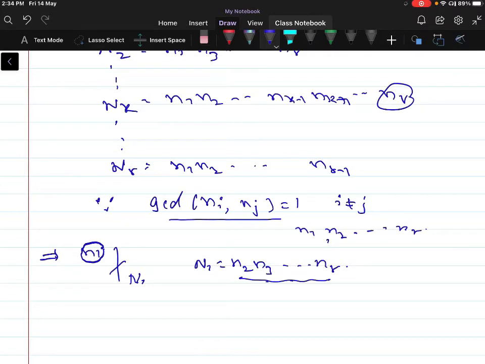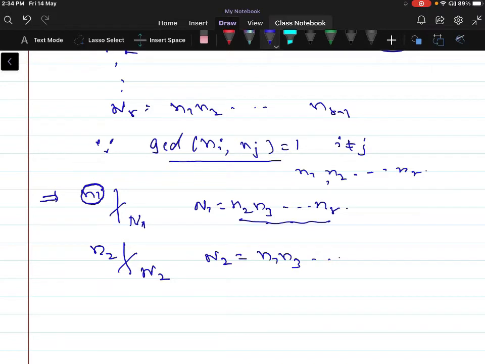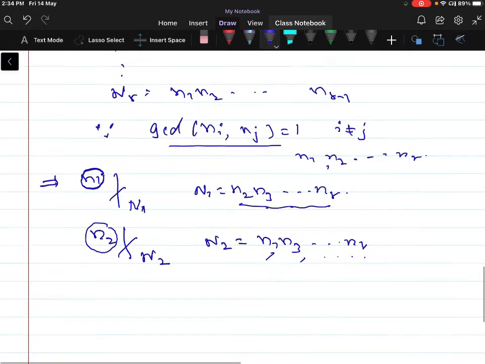Therefore small n1 does not divide capital N1. Similarly n2 does not divide capital N2, where capital N2 is n1 into n3 and so on nr. Again the integer n2 is relatively prime with n1, n3 and so on nr. Therefore n2 does not divide capital N2.